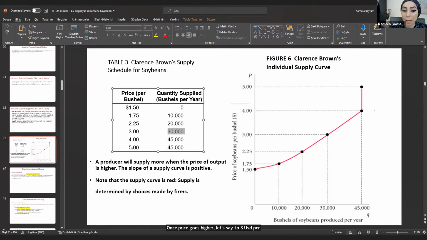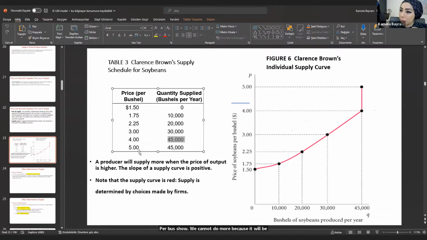If the price goes to 4 USD per bushel, the producer will produce 45,000 bushels per year. And if the price goes to 5, the amount will not change. Why so? Because there is again the capacity of that producer to produce. It can be in the form of land available. If you have, let's say, just 2 hectares of land, even if the price were 100 USD per bushel, you cannot do more because it would exceed your capacity, right?